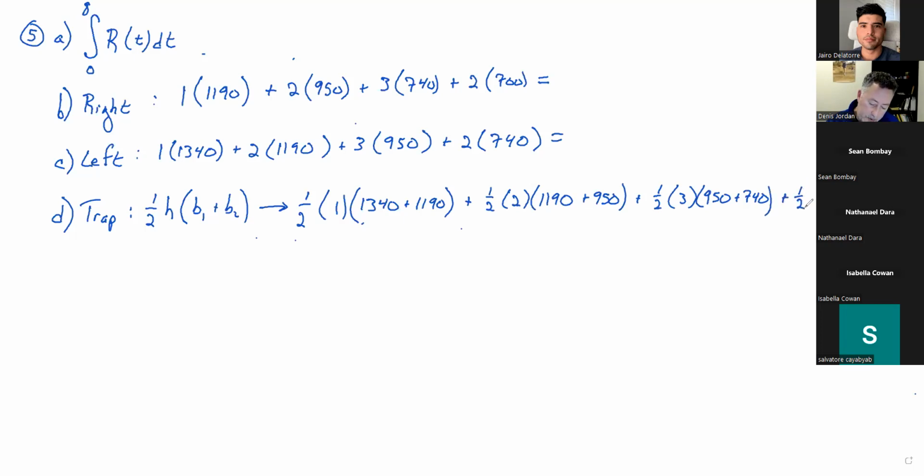And then the last trapezoid from 6 to 8 has a height of 2, and the bases are 740 and 700. So again, you would just do the arithmetic on that and get a total.